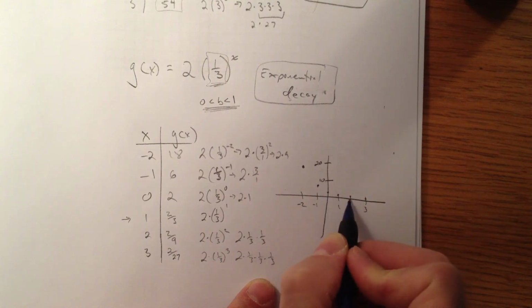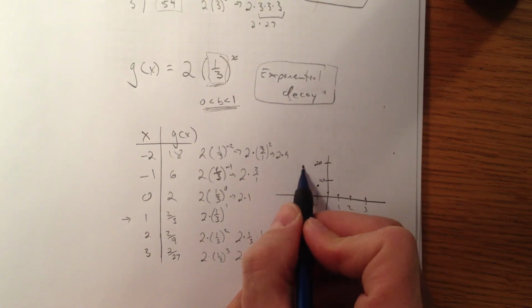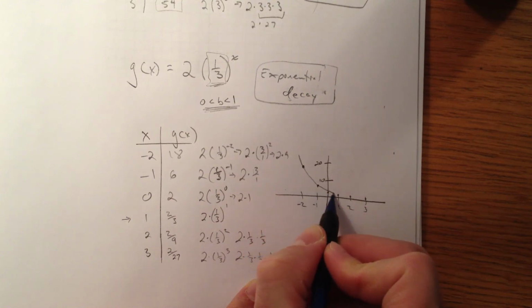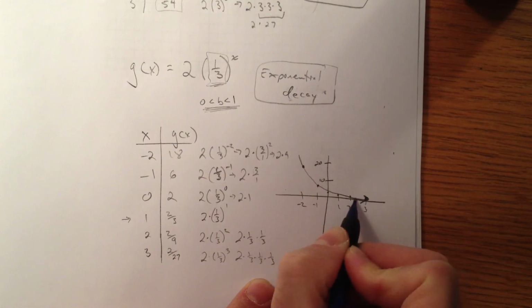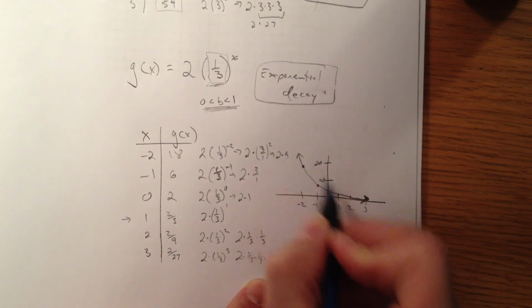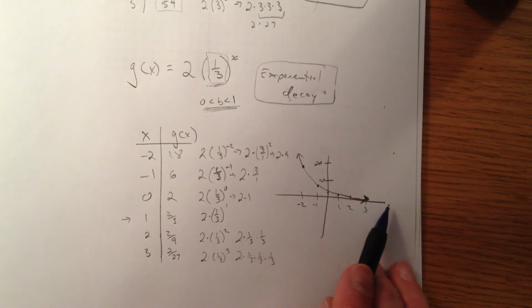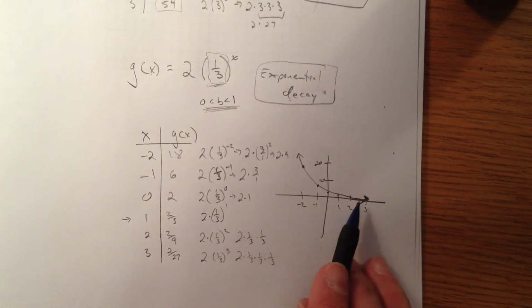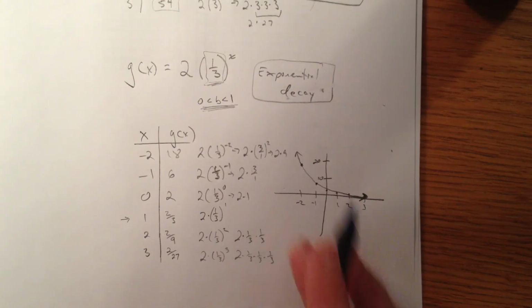Notice again, it does not hit the x-axis. It gets really close to it, but it doesn't hit it. Look at that. So I create this arrow showing that the graph continues this way, never hitting the x-axis, which is kind of a crazy thought. Just the numbers get smaller and smaller, but theoretically, man, the output never hits 0. Okay, and that's exponential decay.